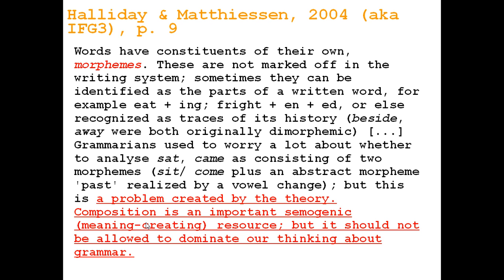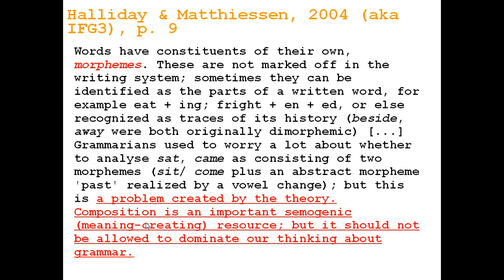Okay? So Halliday and Matthiessen tell us words have constituents of their own, morphemes, and they're not marked off in the writing system. You see, there are no dashes in the writing system that show you where exactly a morpheme ends and another one starts. Sometimes they can be identified as the parts of a written word, for example, eat and frighten or frightened, or else one recognizes traces of its history.